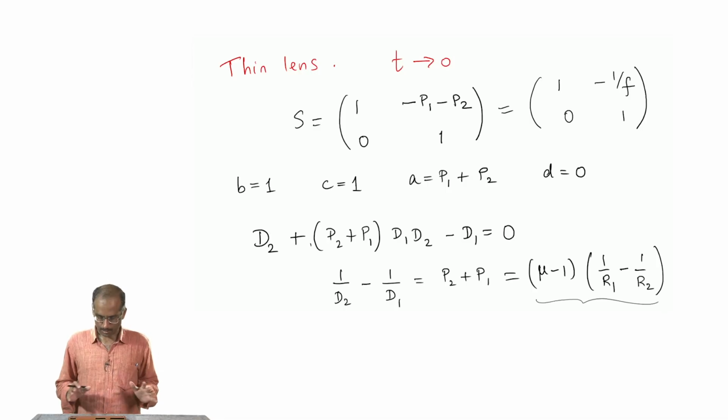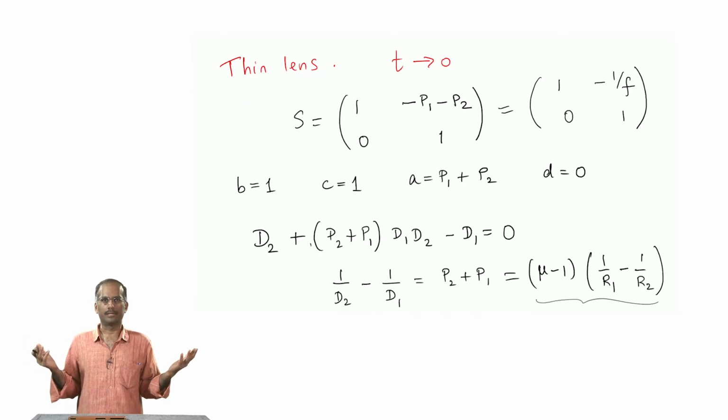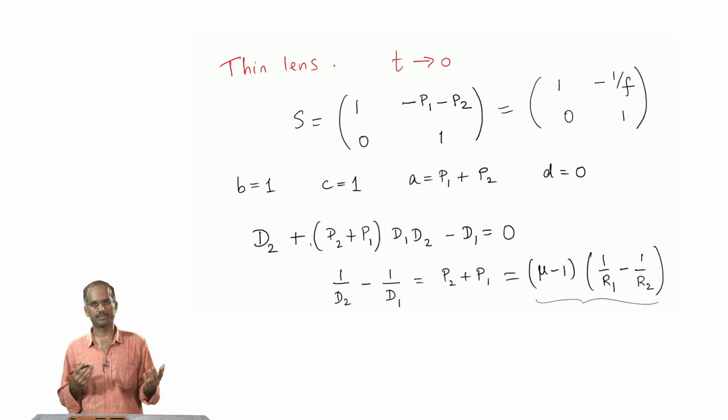So, I shall stop this discussion of matrix methods here with these examples, but the central idea here is to identify what is happening between the incoming ray and the outgoing ray, and simply relate the two depending on whatever number of refractions and translations that happen.